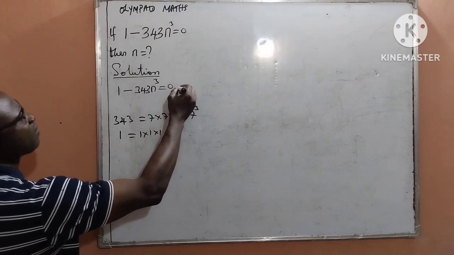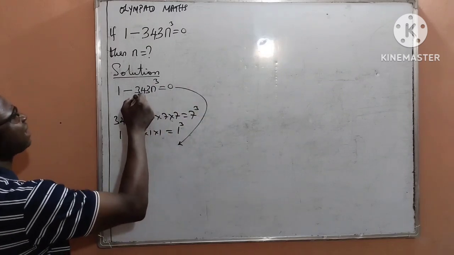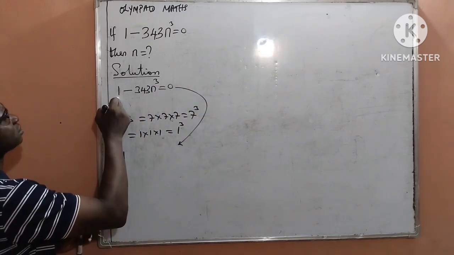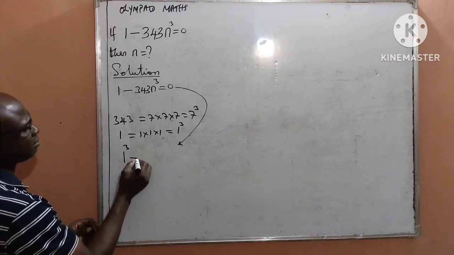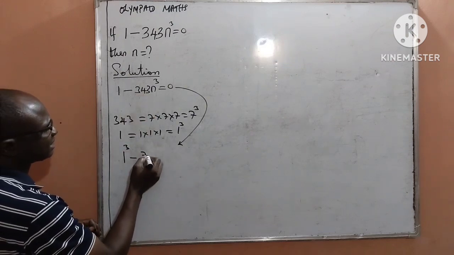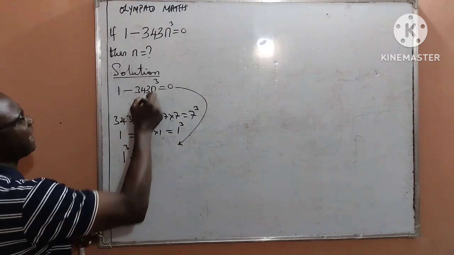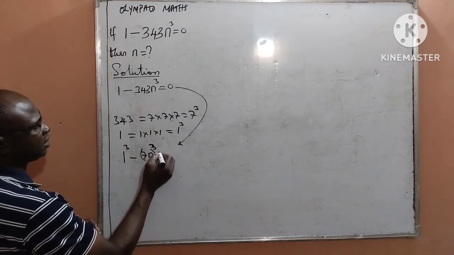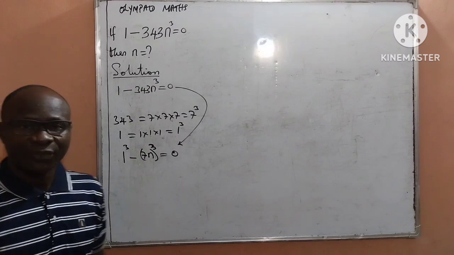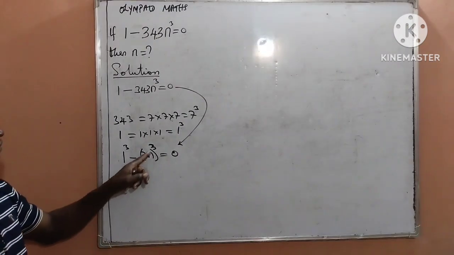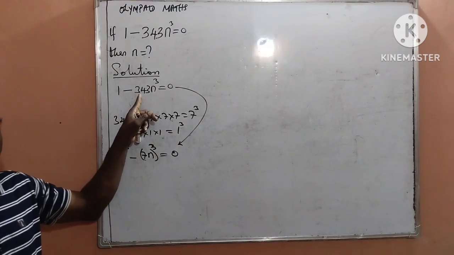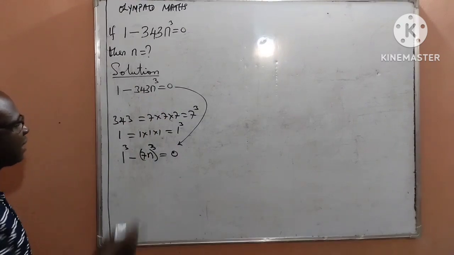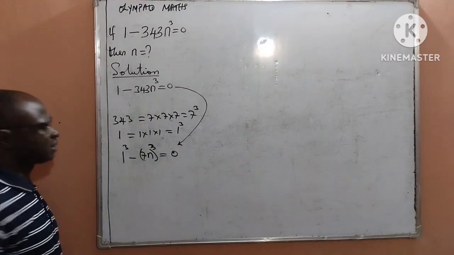Therefore, I can now write it as 1 raised to the power 3 minus 7n all raised to the power 3 is equal to 0, because 7 raised to the power 3 will give me 343, and then n raised to the power 3.